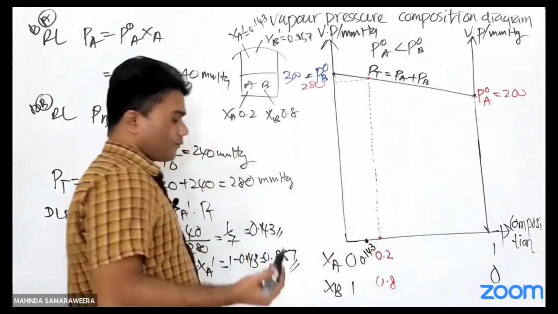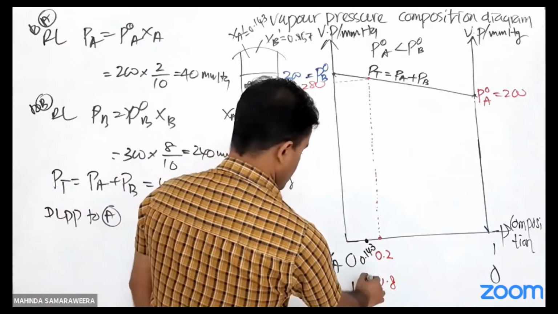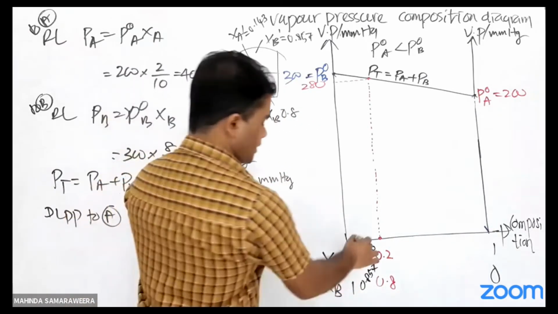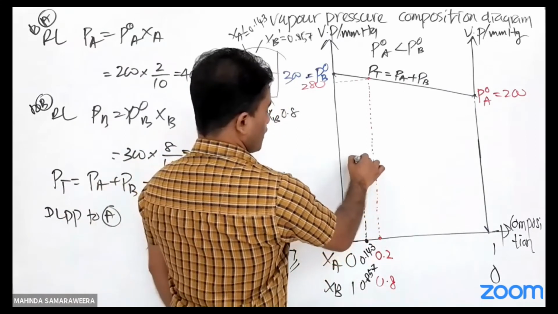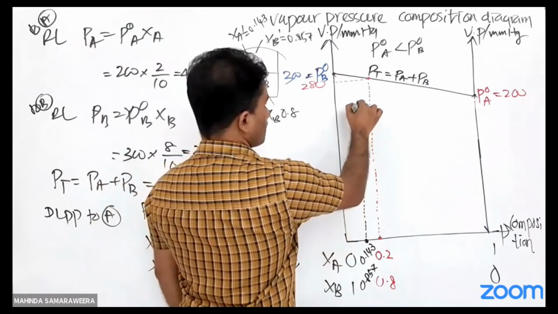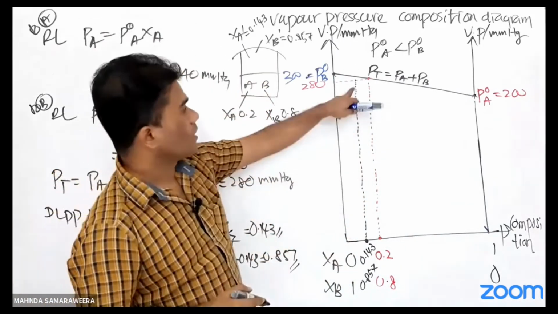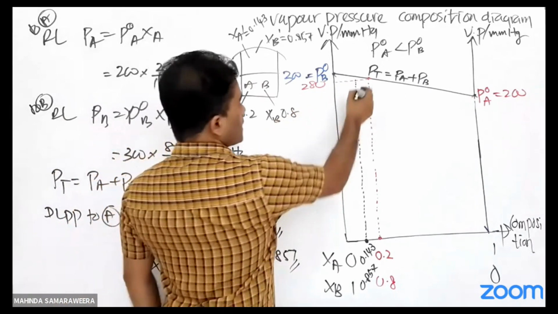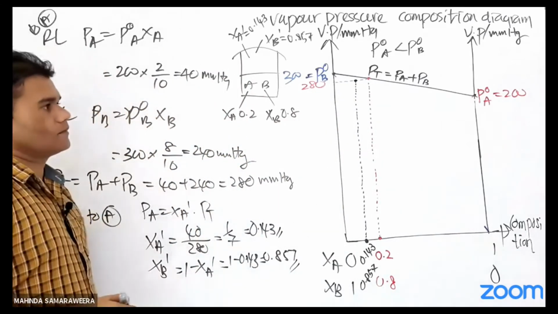Just below that it should be 0.857, because the addition should always be 1. Then 0.143 is the mole fraction of A in the vapor phase, when the total vapor pressure is 280. Therefore, that point is this one.